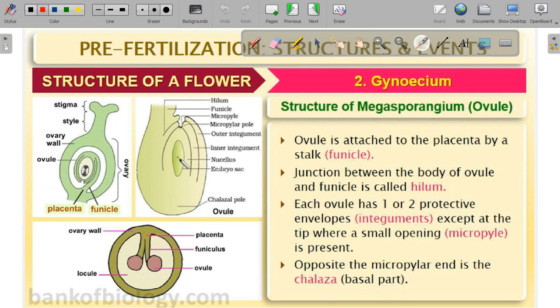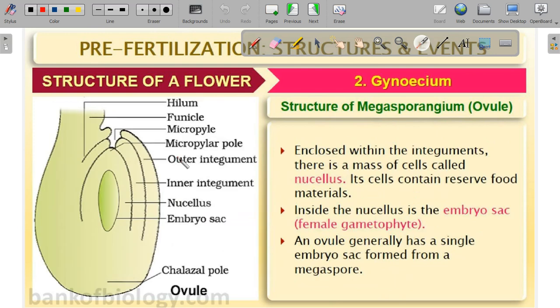The embryo sac, when it is young and not matured, is eight nucleate. When it gets transformed and matured, it becomes seven celled. About that condition also we have discussed.